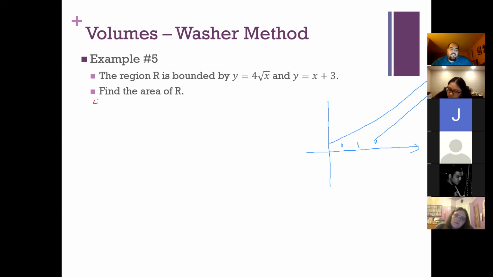So let's do that. So 4 radical x equals x plus 3. I'll go ahead and square both sides. So I'll get 16x equals x plus 3 squared.